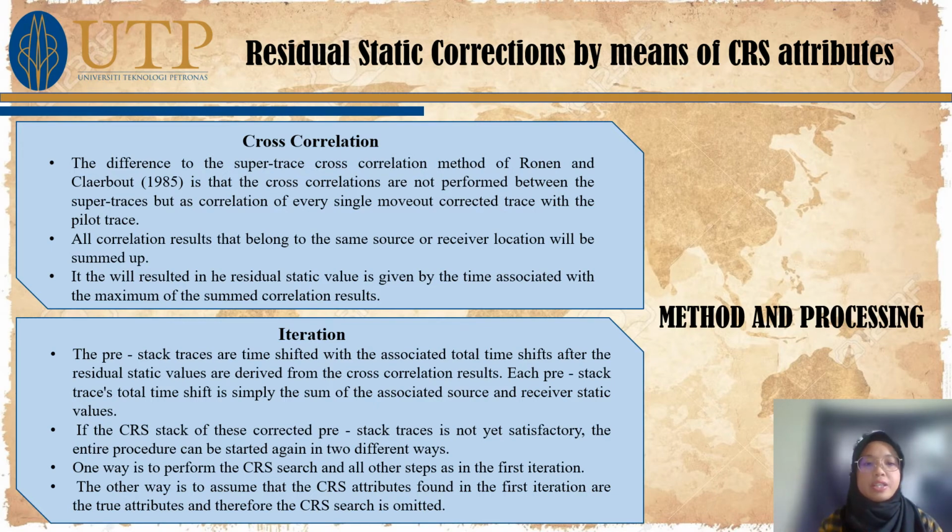If the CRS stack of these corrected pre-stacked traces is not yet satisfactory, the entire procedure can be started again in two different ways. One way is to perform the CRS search and all other steps as in the first iteration. The other way is to assume that the CRS attributes found in the first iteration are the true attributes, and therefore the CRS search is omitted.